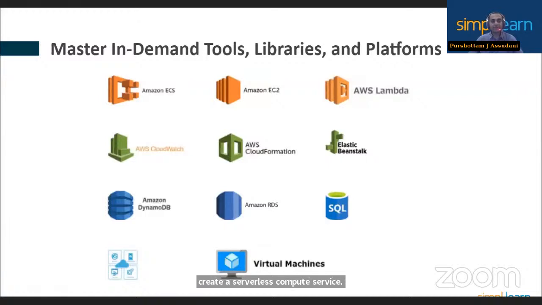Then you have monitoring services like AWS CloudWatch that can monitor your services in AWS. Then you have CloudFormation. Now, CloudFormation is infrastructure as code, which helps you automate things so you can create many resources like virtual machines, databases, everything in an automated manner with the help of AWS CloudFormation.